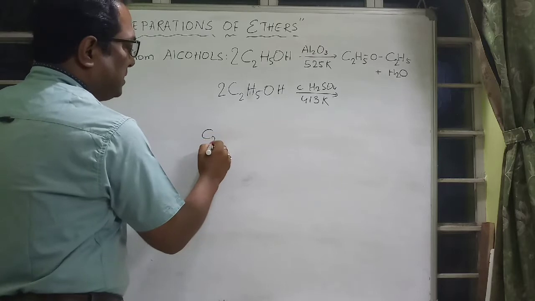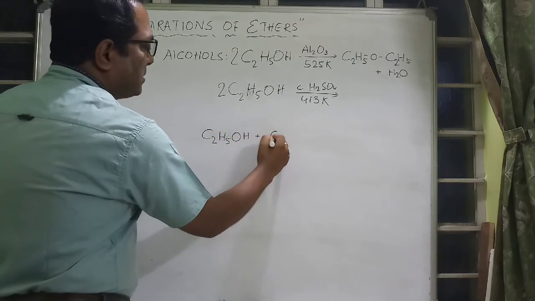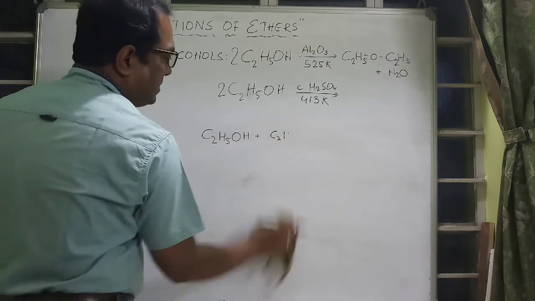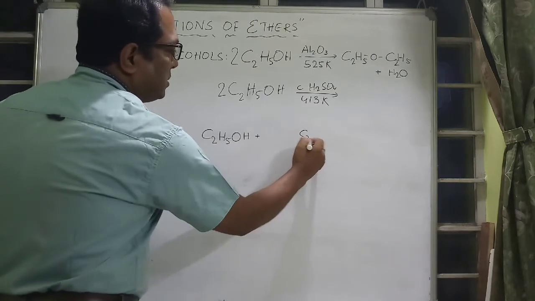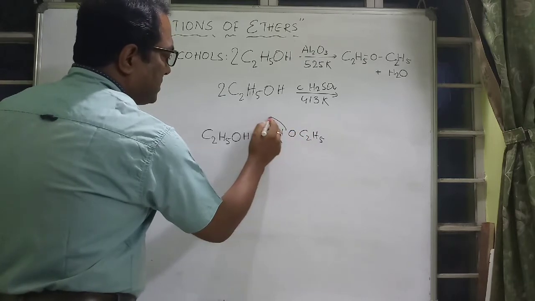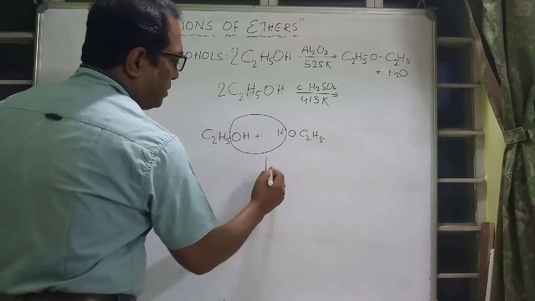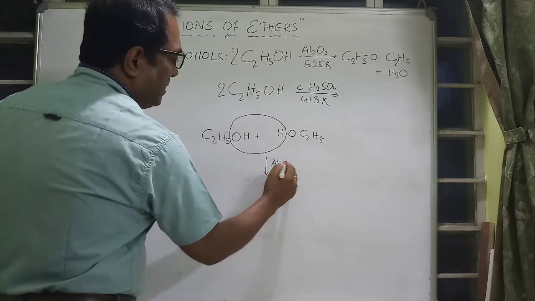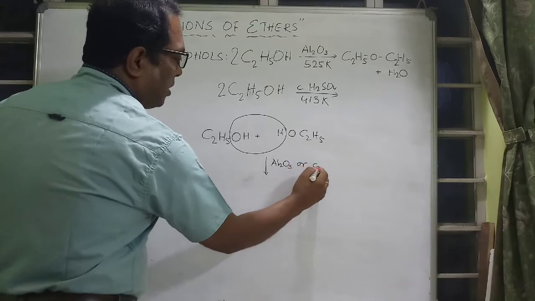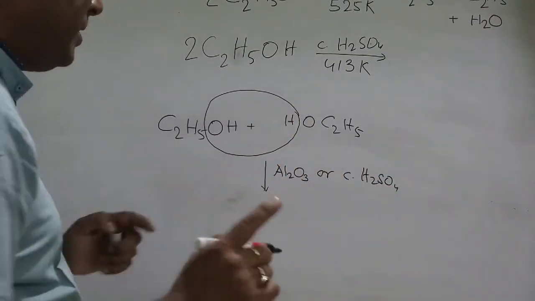So if I do like this, C2H5OH and C2H5OH in a U-turn, a molecule of water escapes out when you add Al2O3 or concentrated H2SO4. Only the temperature difference is very important.